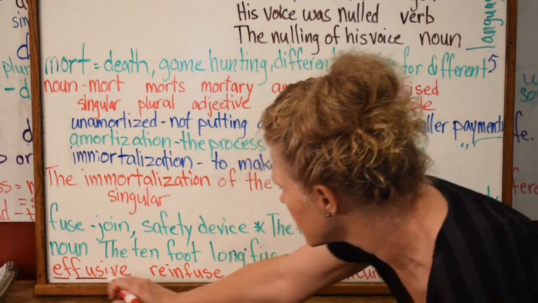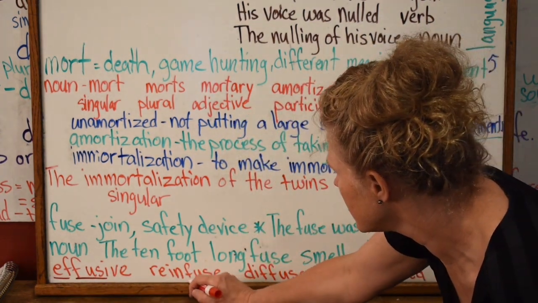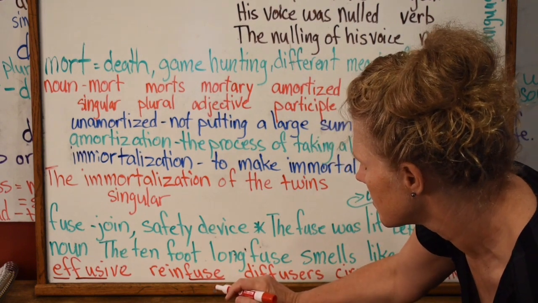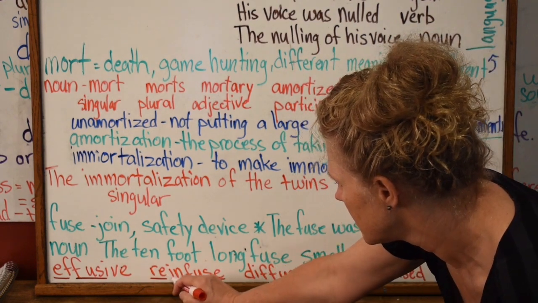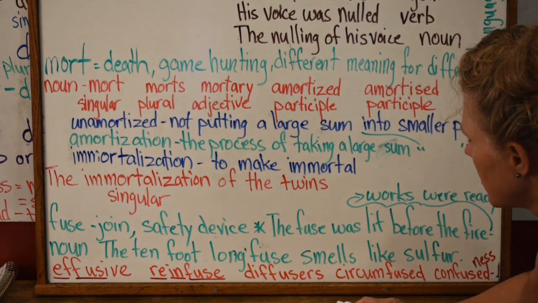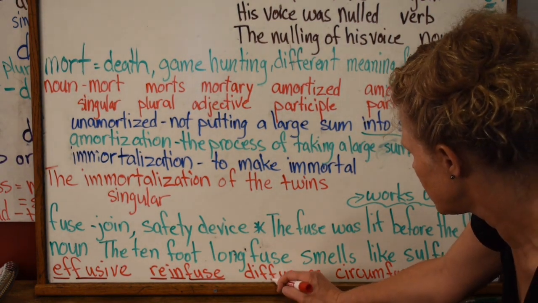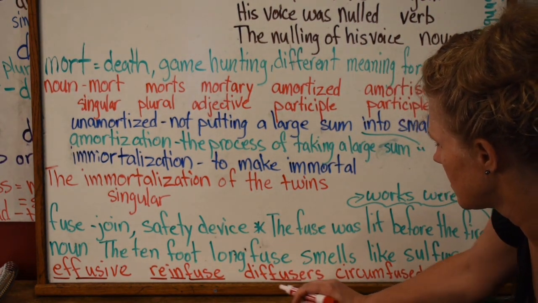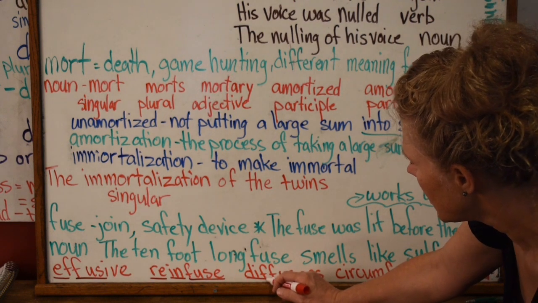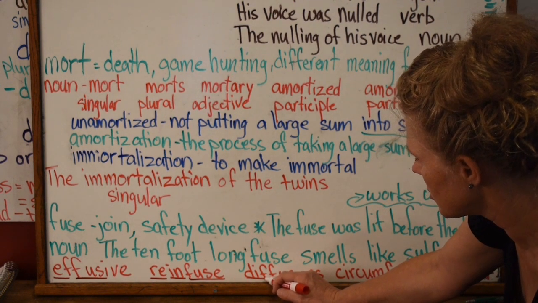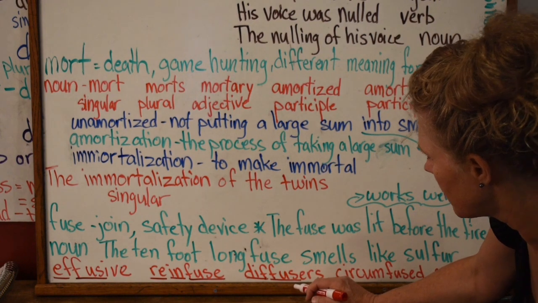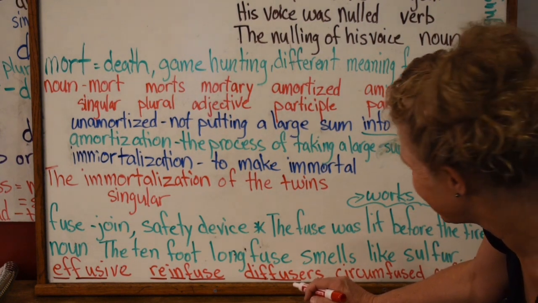Here's your prefix. What about this one? Fuse is your root. Where's your prefix? Re. Re and in. You have two different prefixes on that one. How about this one? Fuse right here. What's your prefix? Diff. See, this is a double F because you use one for the prefix and one for the root.